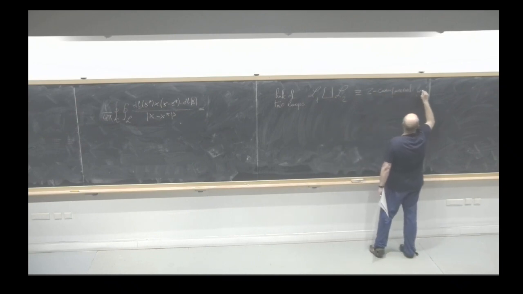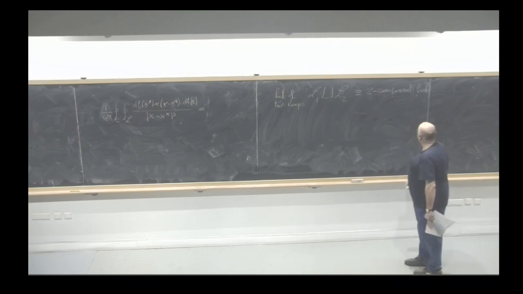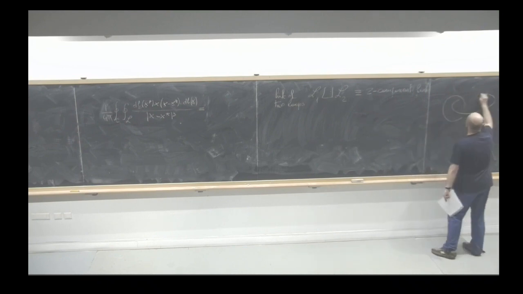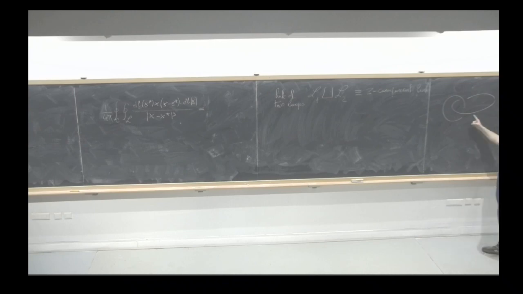link. Because I know that some of you may have problems understanding what I mean. This is the link in space in R3. I mean one closed curve that goes through the other like this, say L1 and L2, and the point is that there is no way to reduce this to 2 disjoint components that are unlinked.